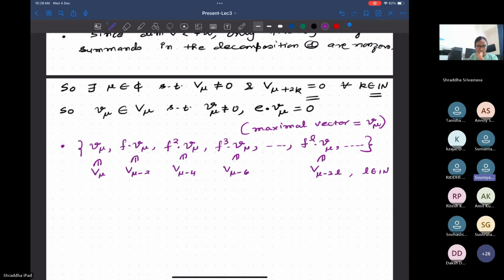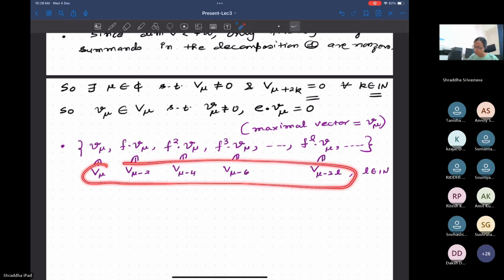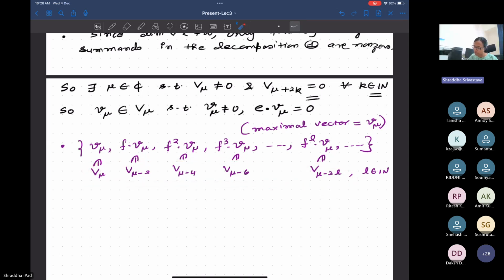Yeah, you can say that as well. If these are all non-zero, then after a while these vector spaces will become zero, because there can be only finitely many eigenvalues. H is acting on a finite dimensional vector space.